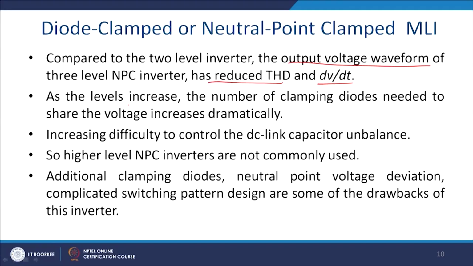Same case, because the rate of change of voltage for a multi-level inverter is in steps, not plus minus VDC. As the level increases, the number of clamping diodes needs to be increased, the voltage rating increases dramatically, increasing the difficulty of controlling the DC-link voltage unbalance.